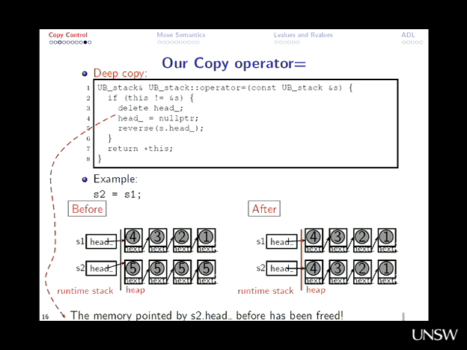We say it's equal to nullptr, so we don't get a memory corruption error. We then, very similar to our copy constructor, call this reverse function, and the reverse function nicely now copies the data across. And finally, we return the dereference of this pointer from that function.